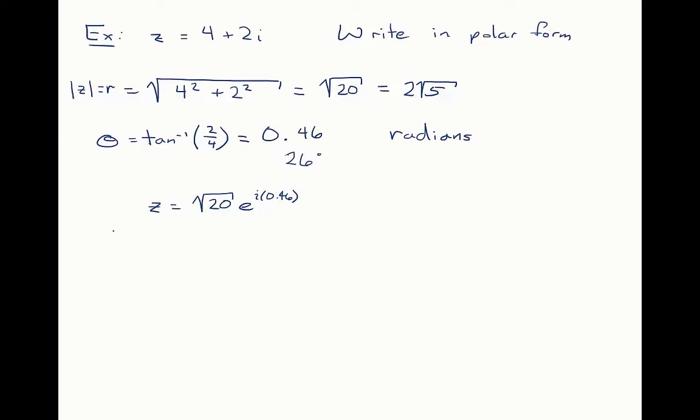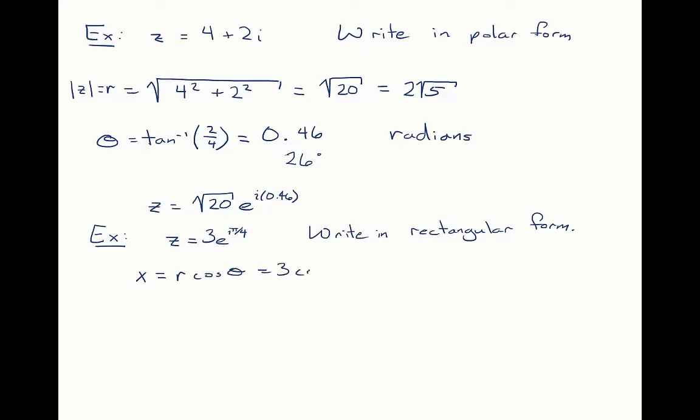Okay, let's do an example the other way. Let's say we're given the polar form and we want to write it in rectangular form. So the x component is r cosine theta. So that's 3 times the cosine of pi over 4. And the y component is the modulus times the sine of the phase. So that's 3 sine of pi over 4.